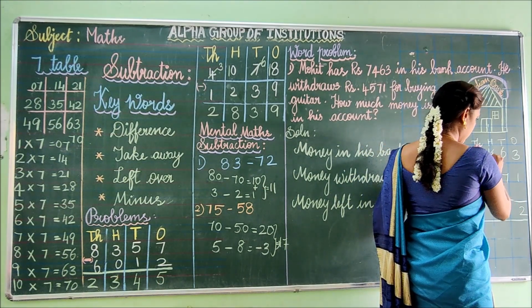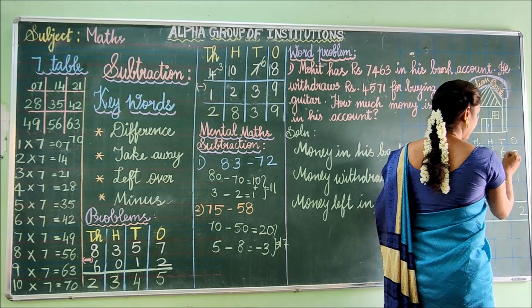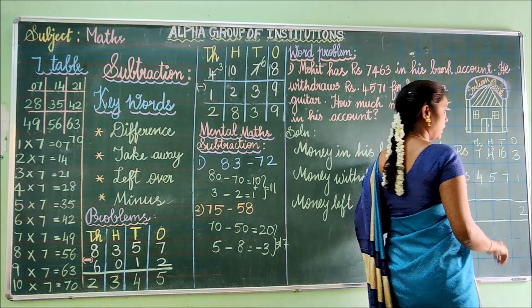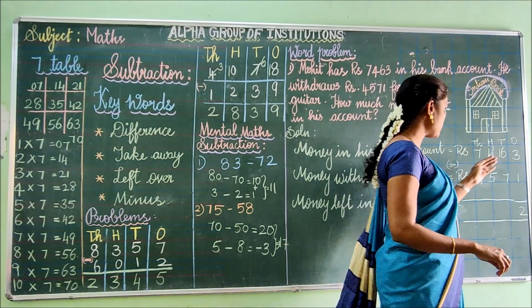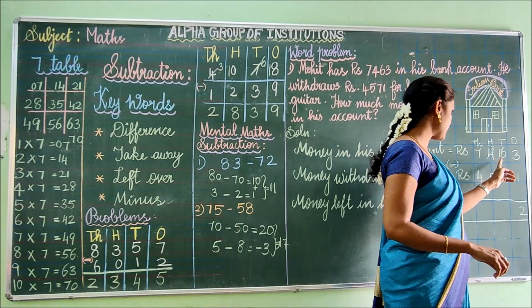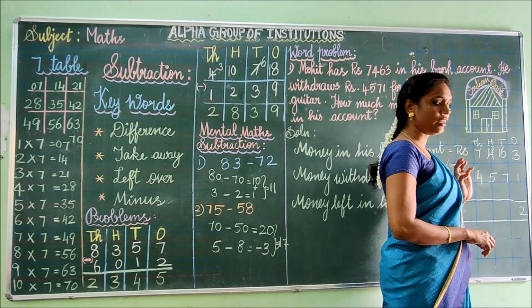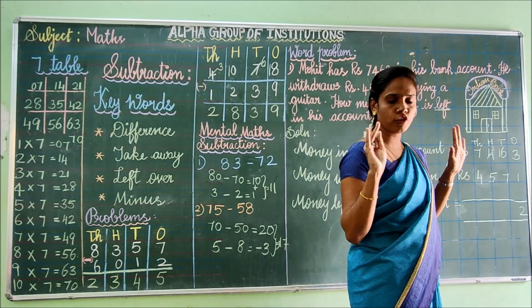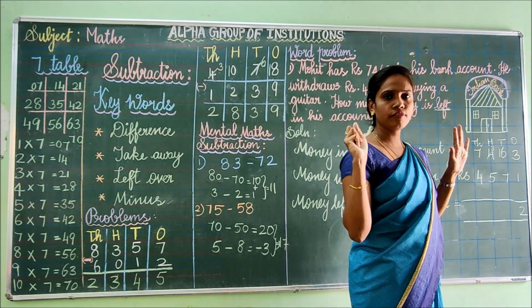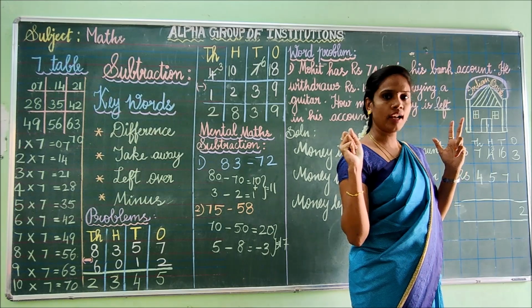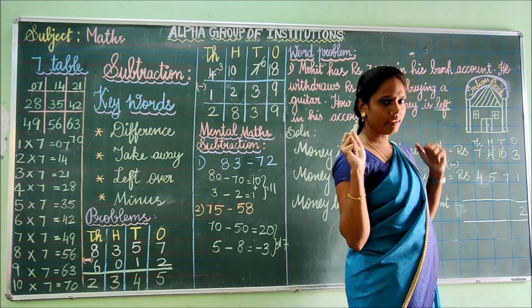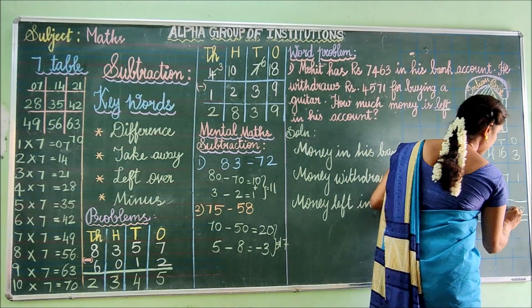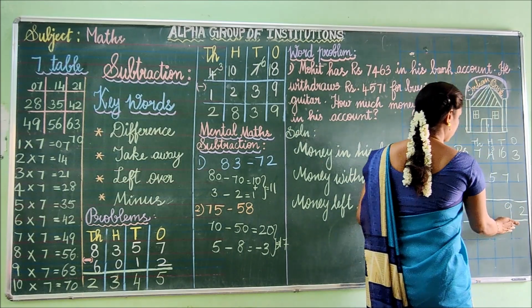This 4 becomes 3 and this 6 becomes 16. Now is it possible to subtract directly? Yes, 16 is greater than 7. So keep 16 in the mind, take 7 fingers: 15, 14, 13, 12, 11, 10, 9. 16 minus 7 is 9.